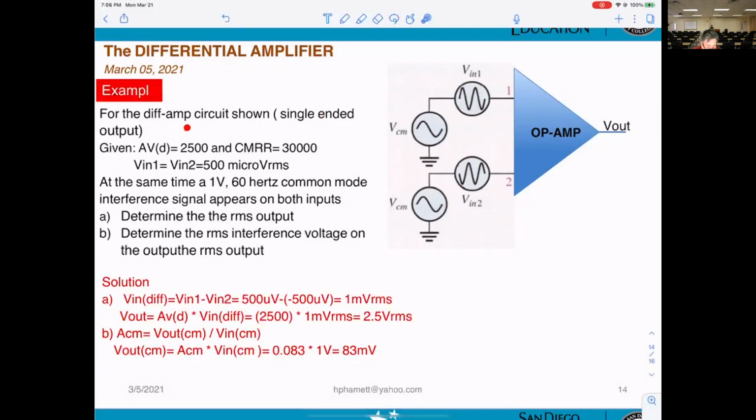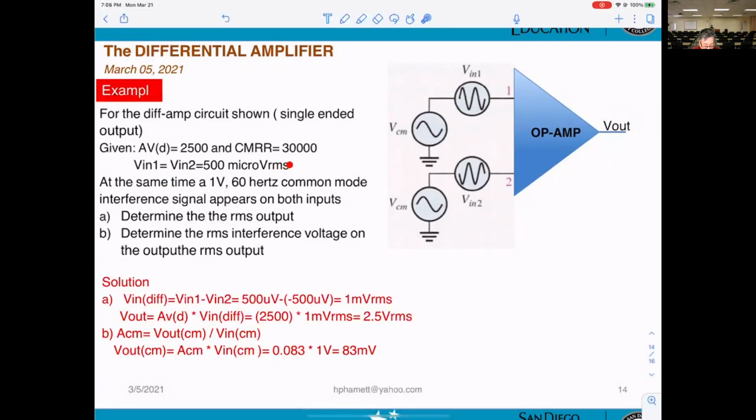Single-ended output. What does that mean? Before, we drew 2 outputs here; now they're using only 1 output. That's what they call single-ended output. Given AVD 2500, CMRR 30,000, Vin1 equal Vin2, 500 microvolt.